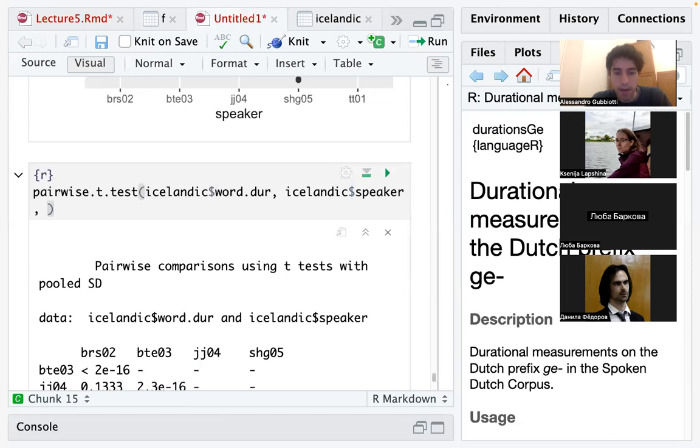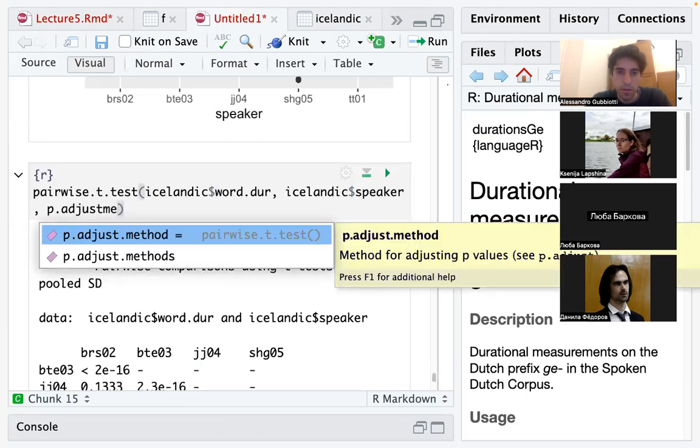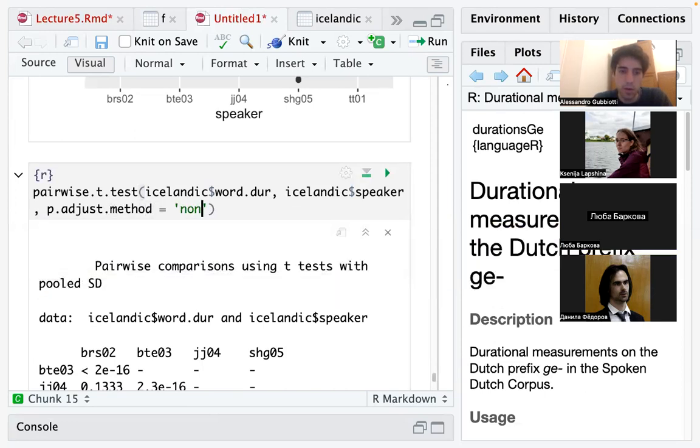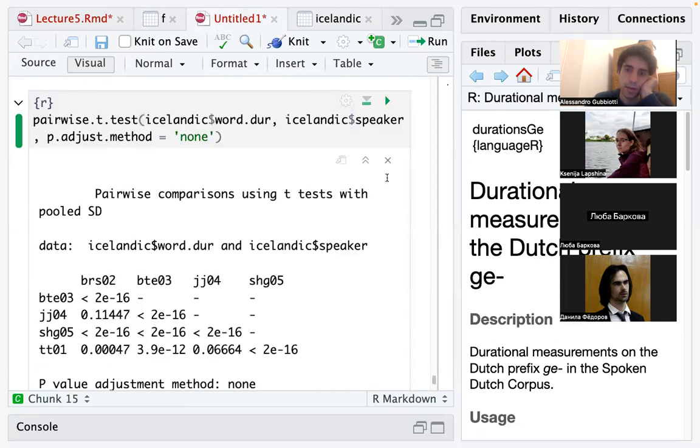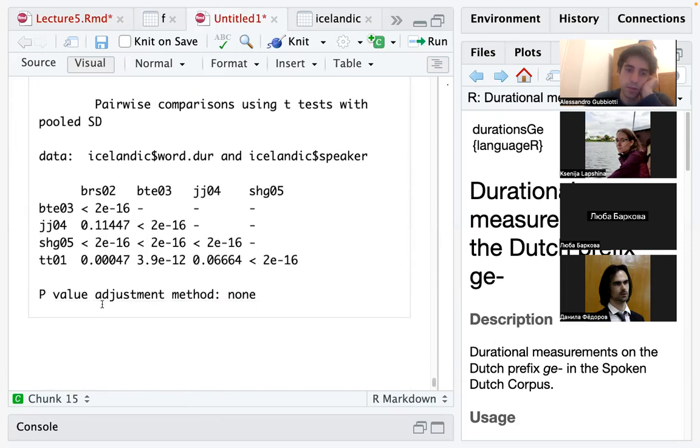I have to add here p adjust method equal to none. And here I'm really doing many t-tests, because otherwise it uses some correction of the p-values.